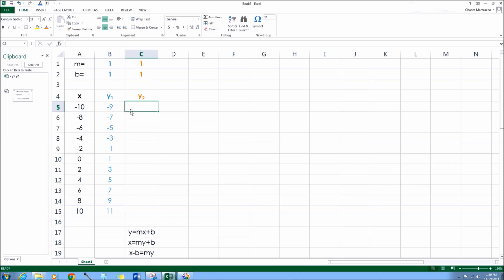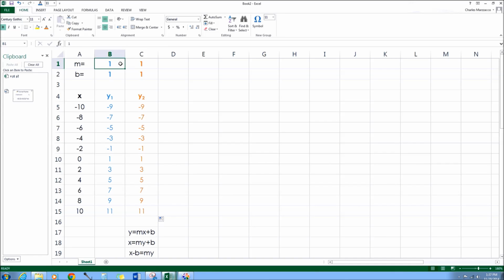So then this one equals the F4 times x plus the F4. Enter. So then we'll put this in orange too. So then it should be the same.